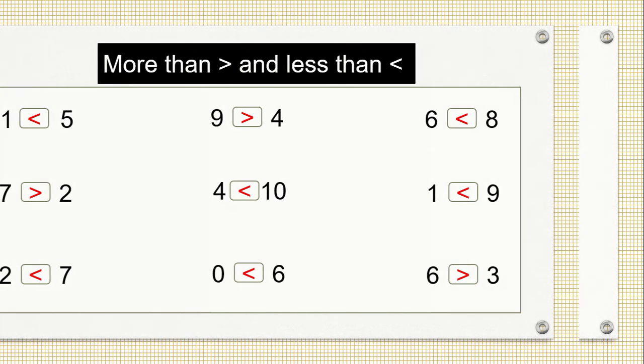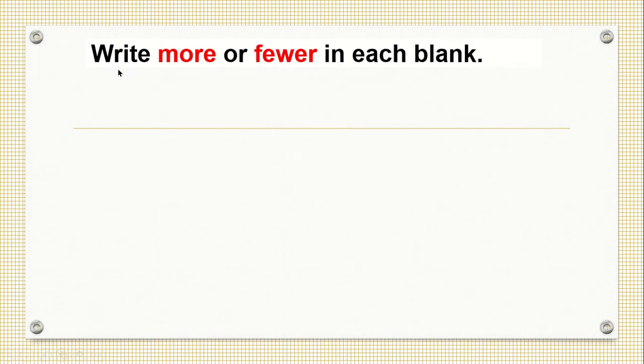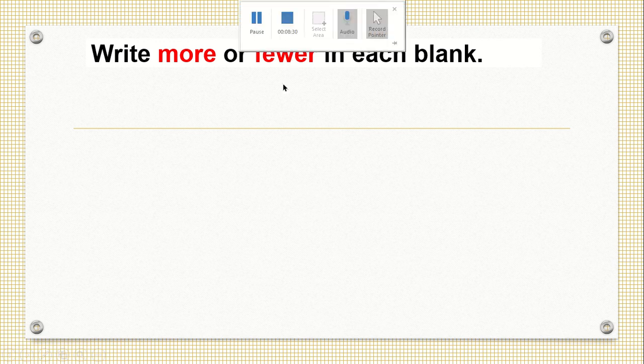Okay, let's continue. Now, write more or fewer in each blank. Remember, more is the same as bigger. Fewer is the same as smaller or the same as less. Okay?